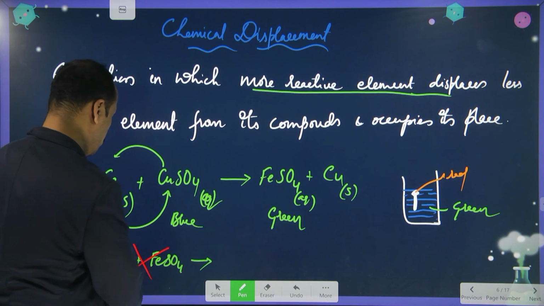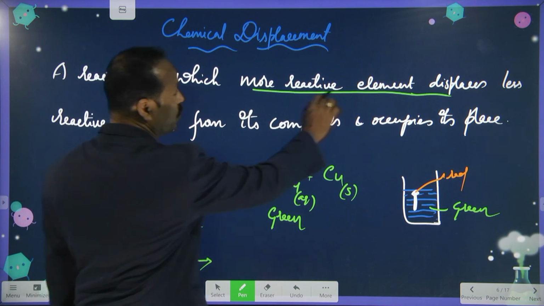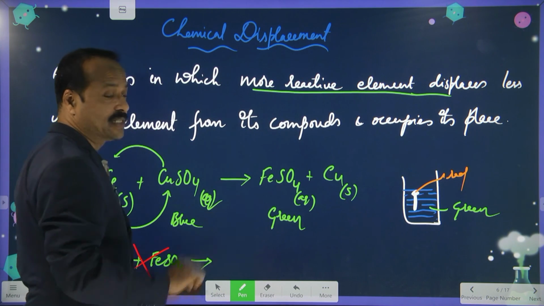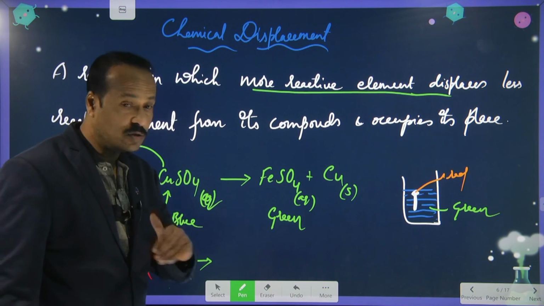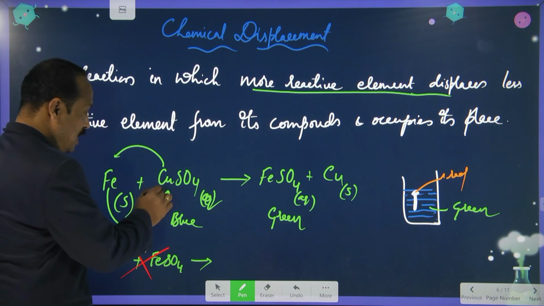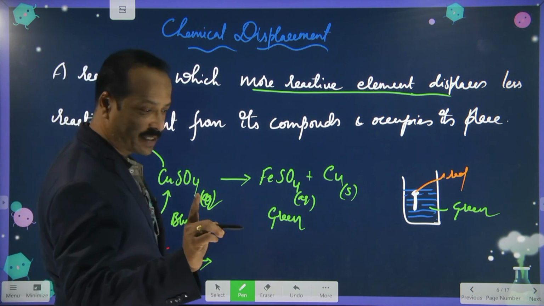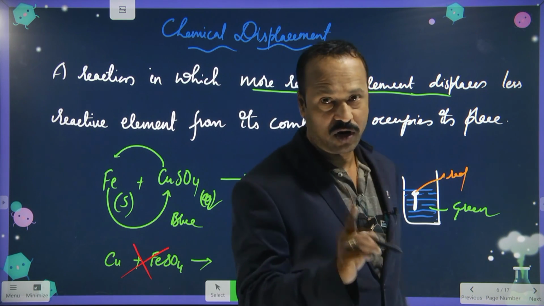This reaction will not take place. Why? Because a more reactive element displaces a less reactive element; a less reactive element does not displace a more reactive element. Iron is more reactive than copper, so iron can displace copper, but copper cannot displace iron. So the reaction will not take place.